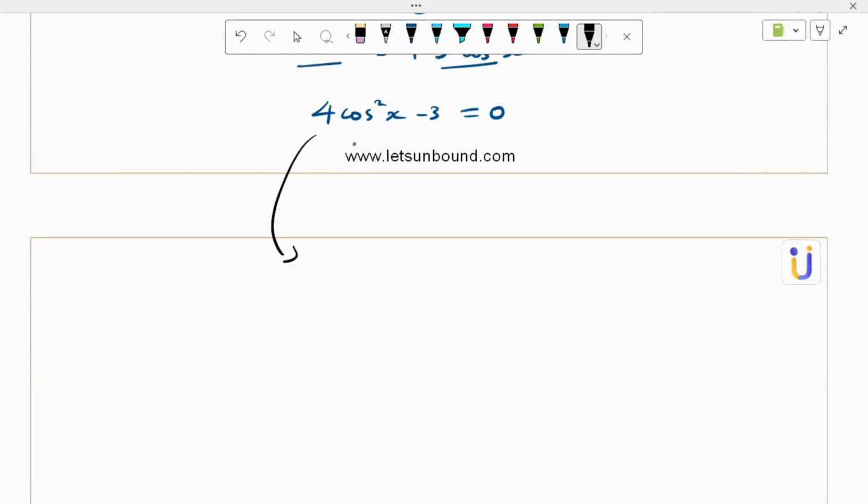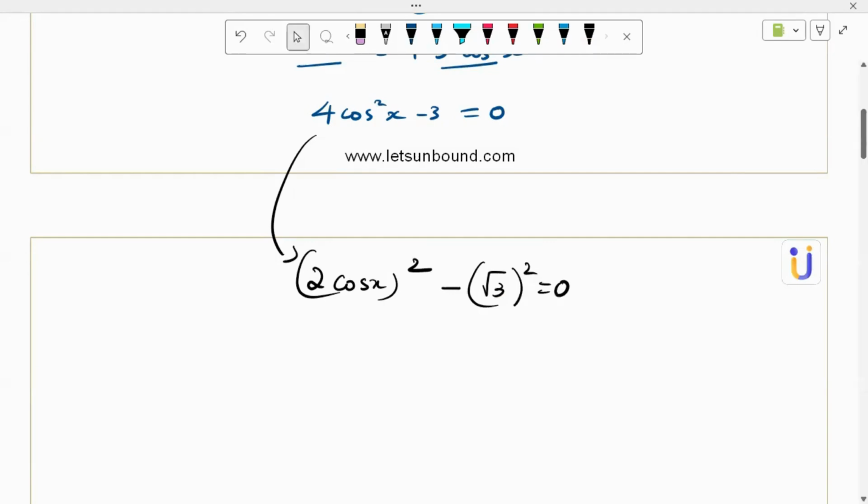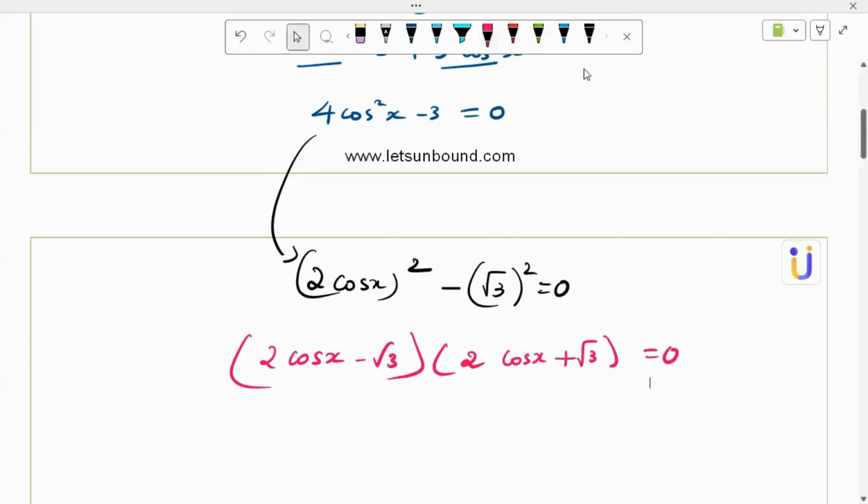I can write it as (2 cos x) whole squared minus (root 3) squared equals 0. Now we can split it into factors: (2 cos x minus root 3) into (2 cos x plus root 3) equals 0.